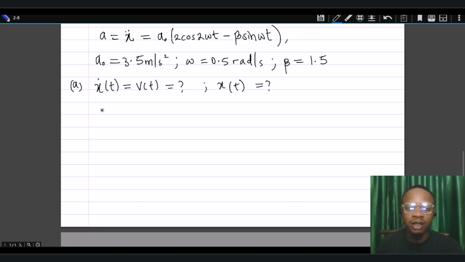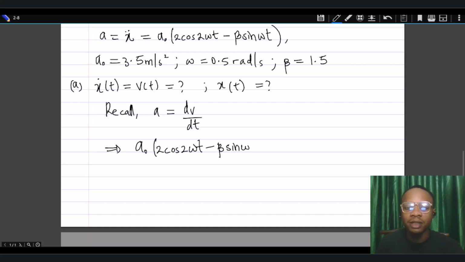So we just recall that acceleration is equal to the derivative of velocity with respect to time. So by that, we substitute this expression for acceleration. We have a naught into 2 cos 2 omega t minus beta sine omega t, and this is equal to dv dt. So again, we integrate this, we separate out the variables.